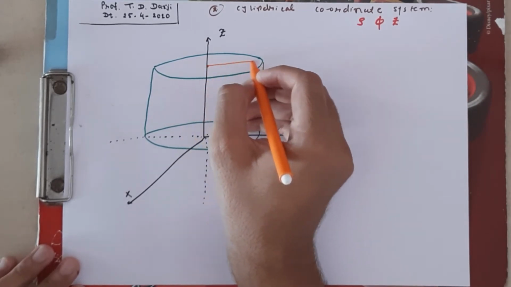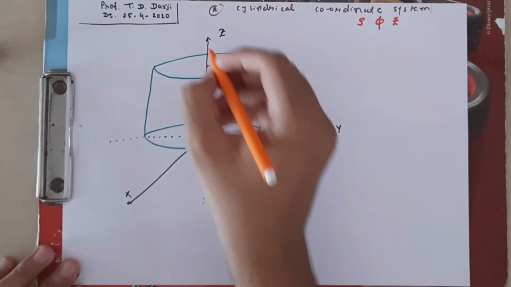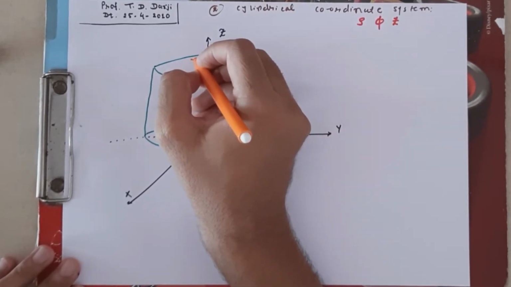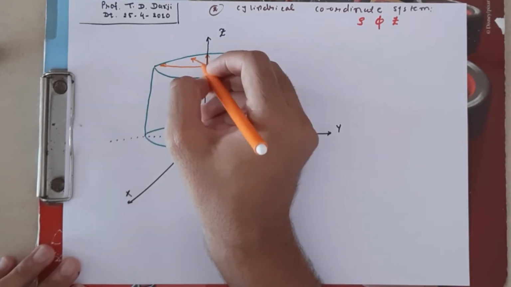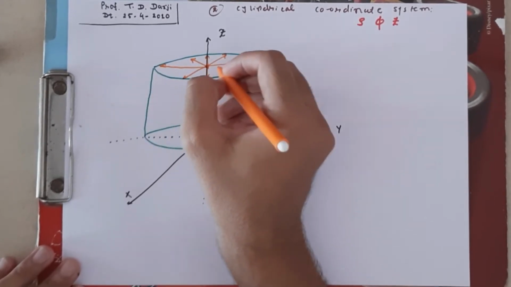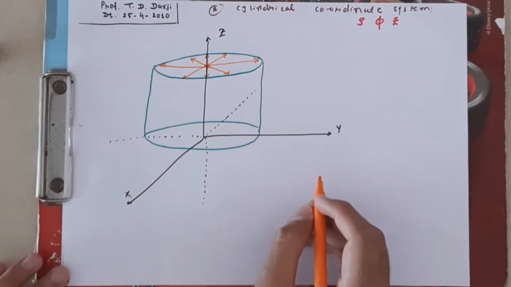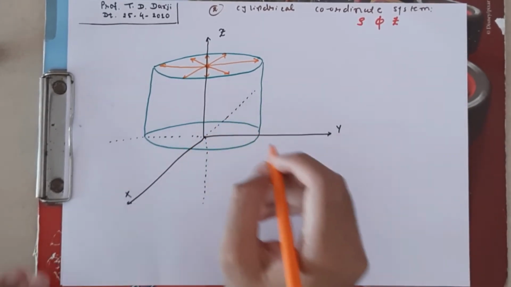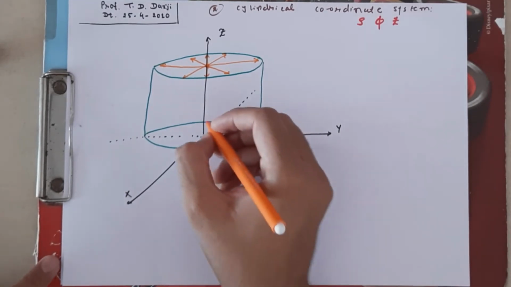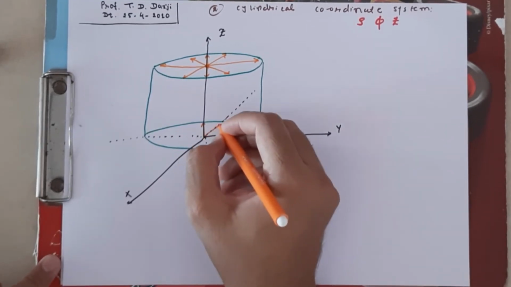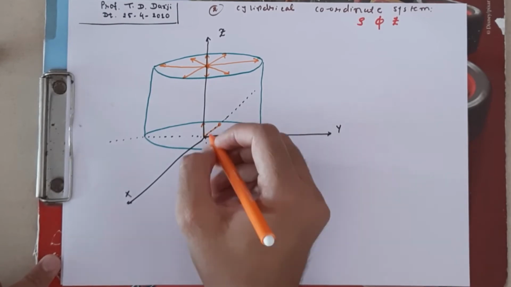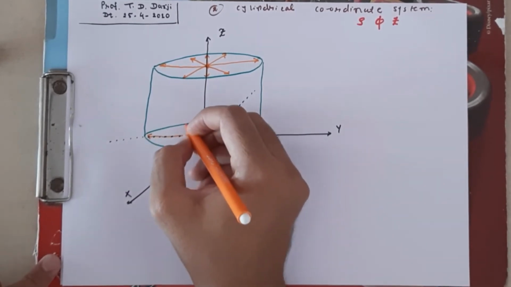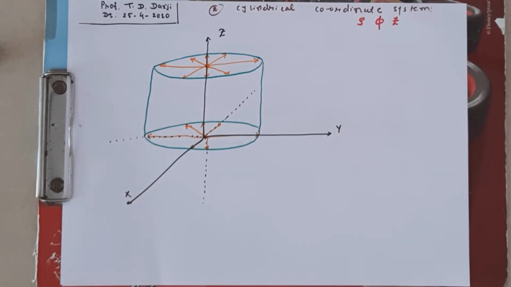This value is rho, this one is also rho, because from the top side it looks like a circle, and the radius of a circle is the same everywhere. The radius is the distance of the periphery of the circle from its origin. So it is known as rho.